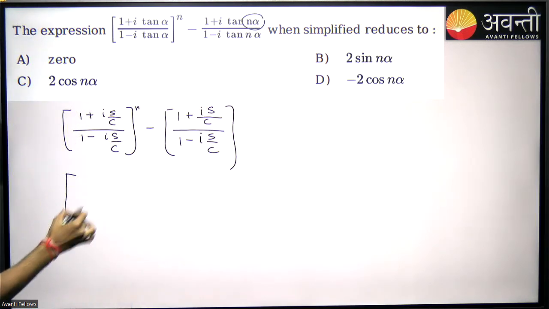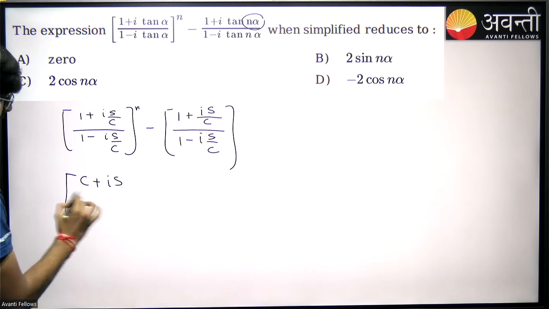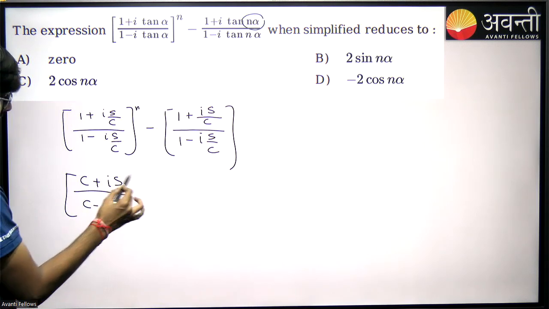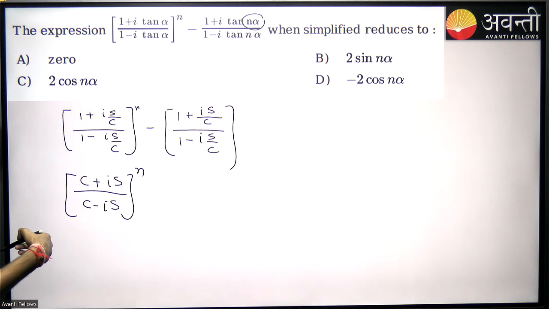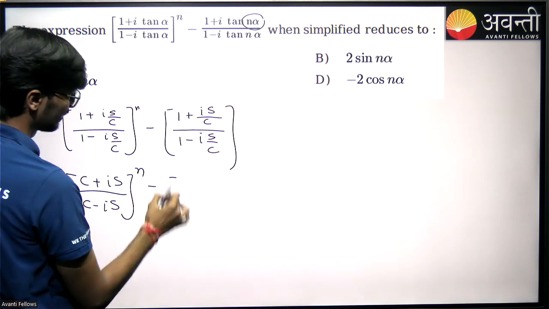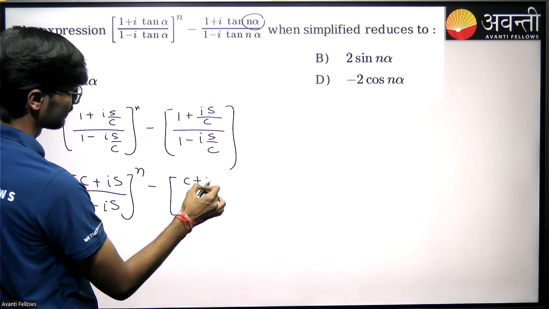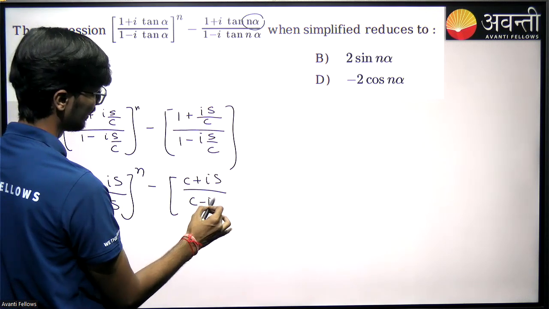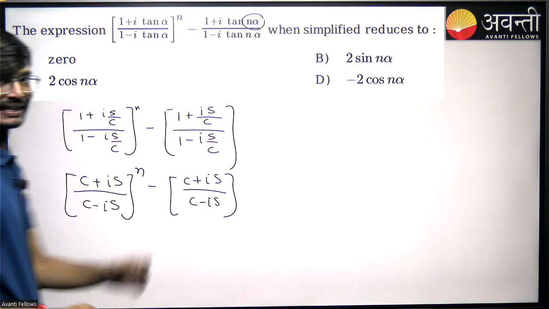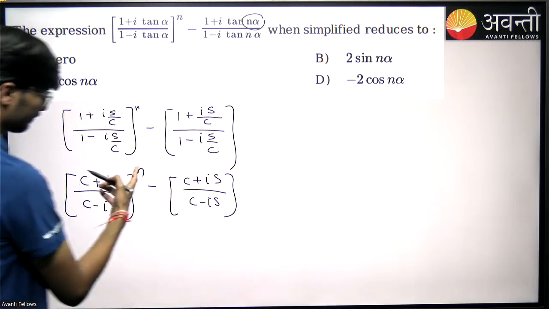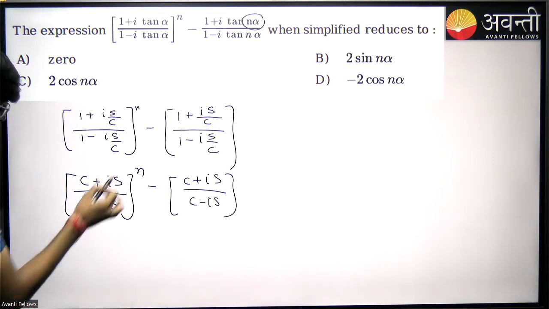If I take LCM, I'll get cos plus I sine upon cos minus I sine, raised to the power n. Right, guys? Cos and cos will get cancelled. Cos plus I sine upon cos minus I sine. So here by De Moivre's theorem, I can write this and take this n inside.